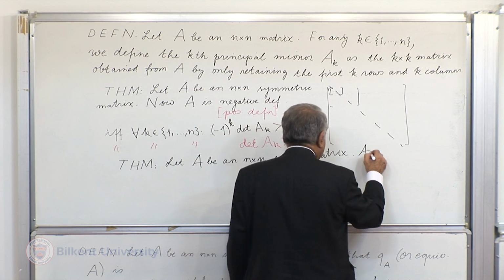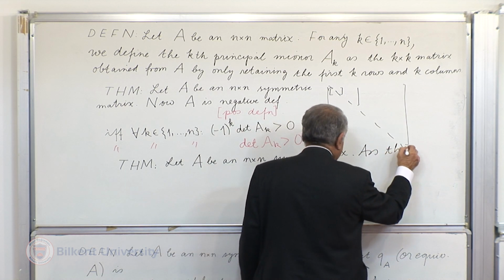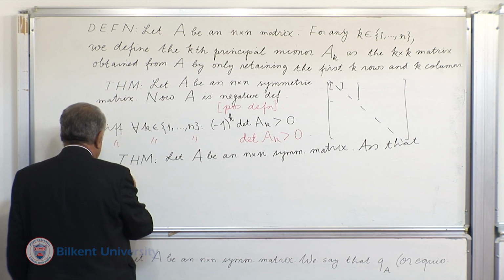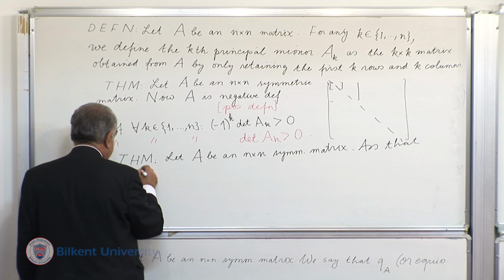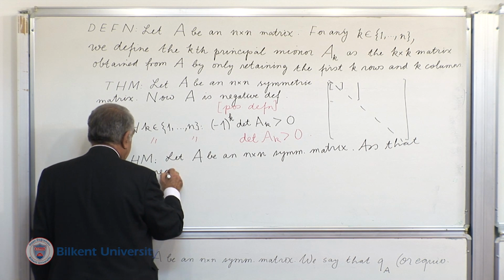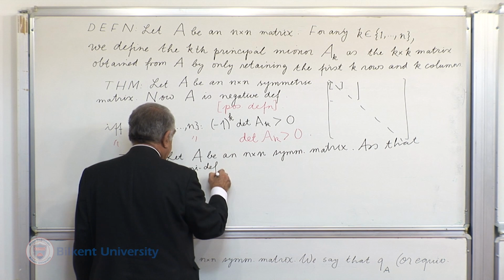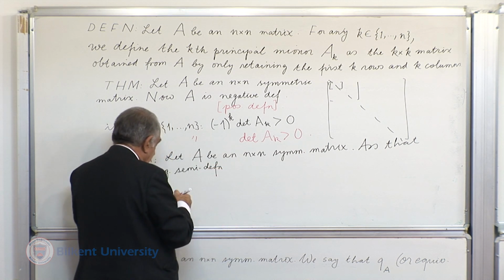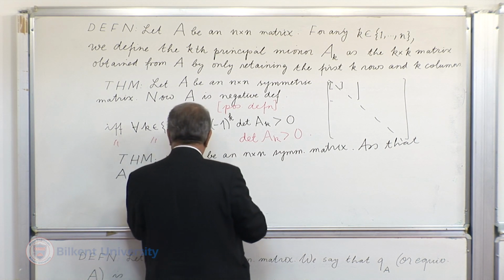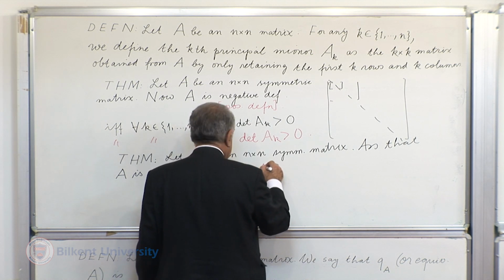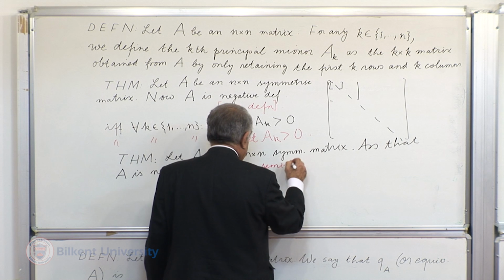Now assume that A is negative semi-definite, and for the second version, positive semi-definite.